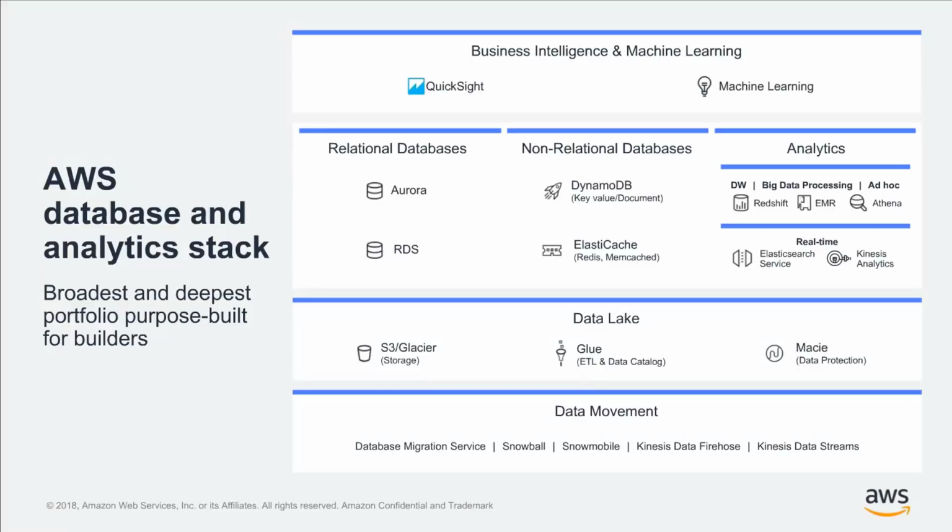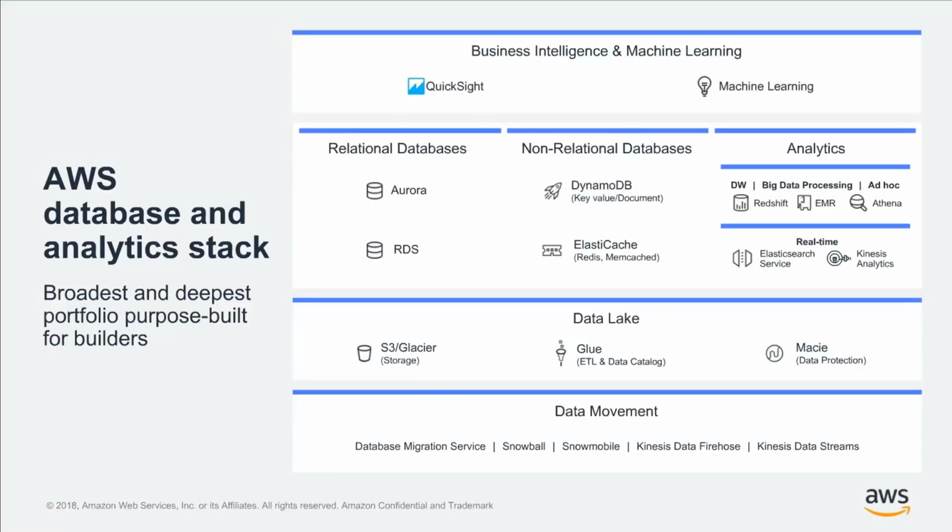So when we look at where QuickSight fits into the complete AWS analytics stack, what you can see is a clear picture of a wide variety of solutions that you can string together dependent on whatever use case you're trying to solve to provide an end-to-end business intelligence solution that takes your data from its collection, from where it's coming from, all the different sources, being able to store that in a variety of ways, transform it, process it, and then make it available for consumption by your end users.